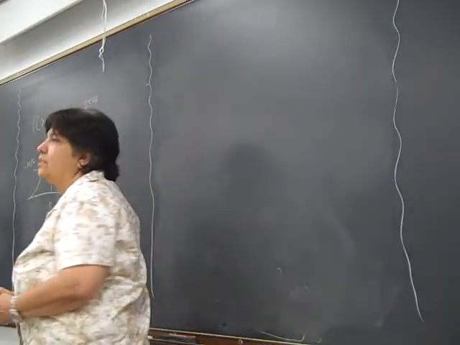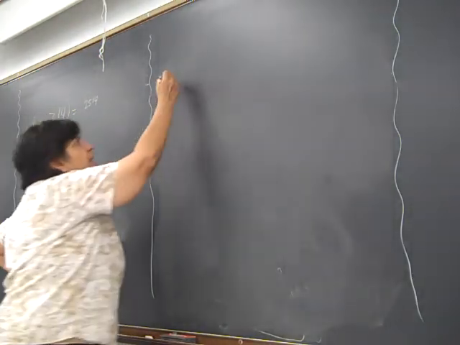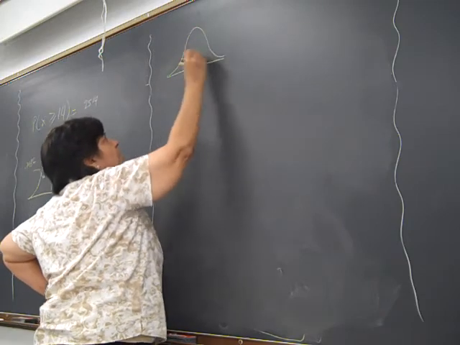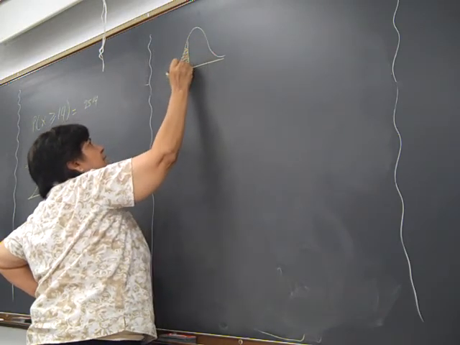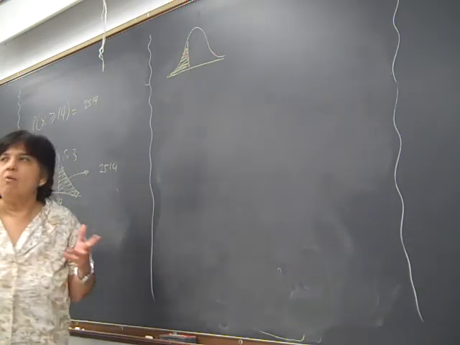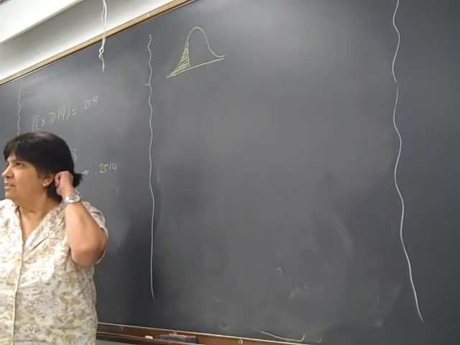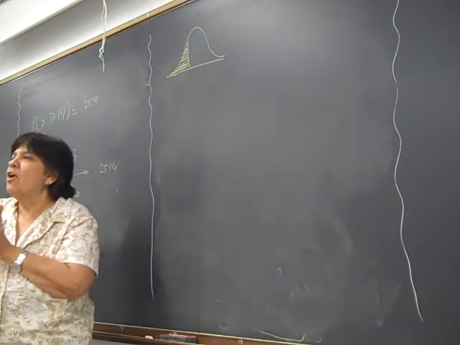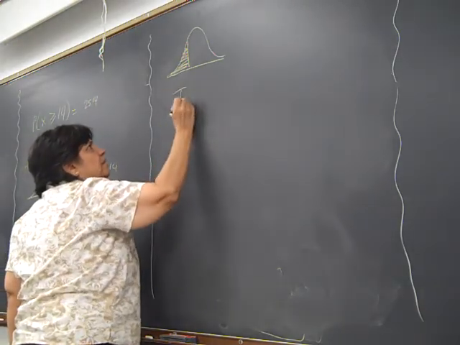But let's say that for the standard normal distribution, if I ask you what is the probability that X is less or equal than a particular number, whatever it is, that comes directly from the table.